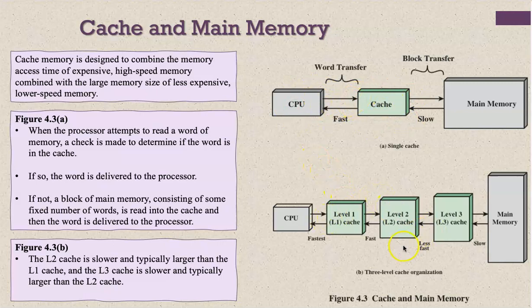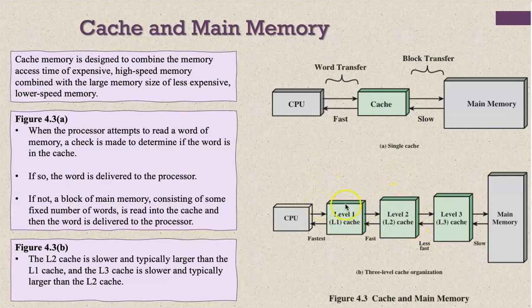Okay, so for a 3-level cache organization, the L2 cache is going to be slower than the L1 cache, and the L3 cache is going to be slower than the L2 cache. So the closer your cache is to the CPU, or the closer your memory is to the CPU, the faster your memory can respond. It is how it is designed anyway.